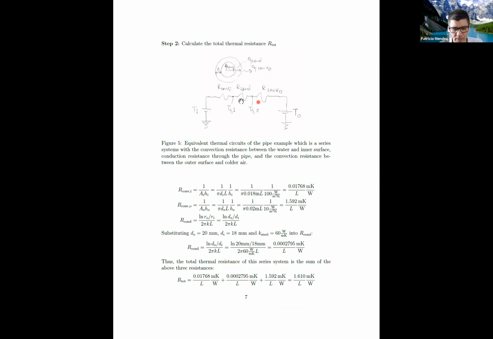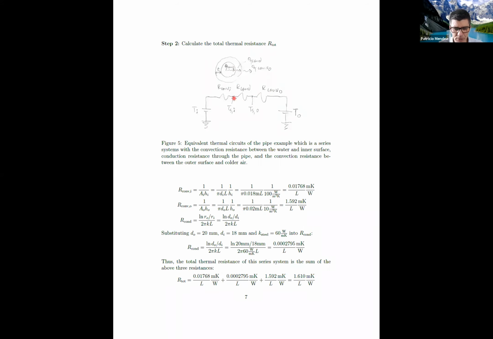The resistor in the middle is the thermal resistance of conduction through the pipe. And outside the pipe, we have convection again against air in this other resistance here. We're pretty good. We're forgetting about radiation, for example, but we're good.